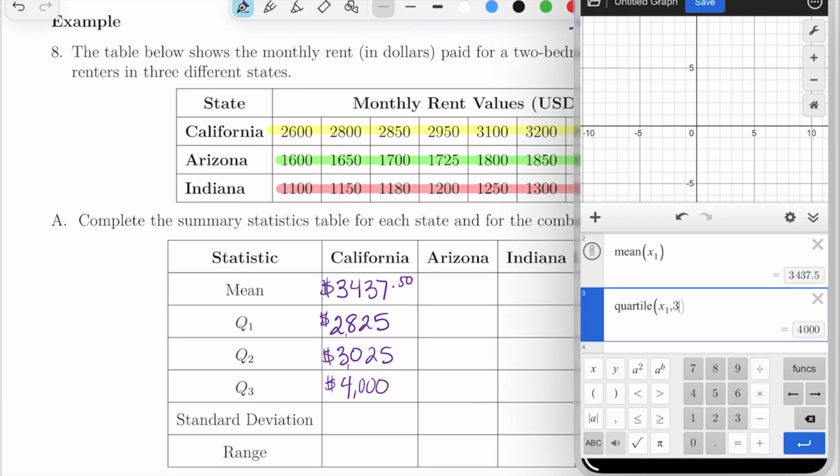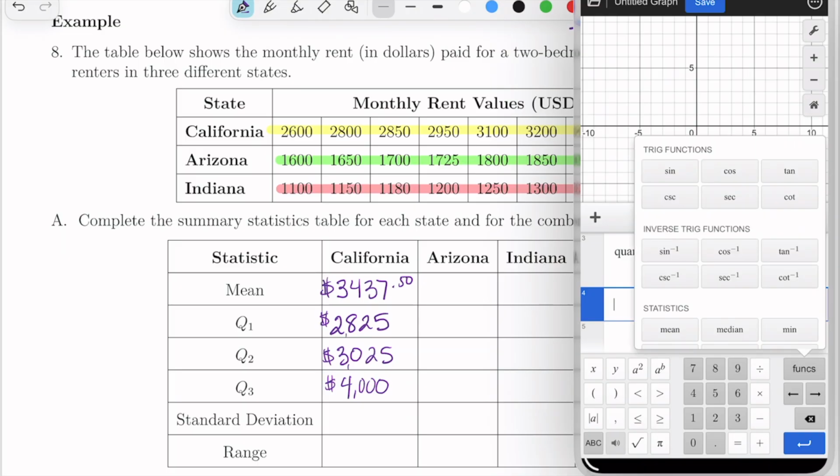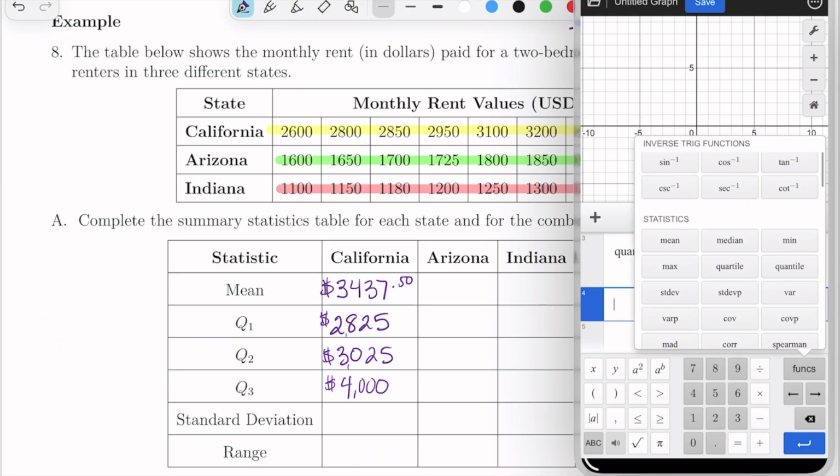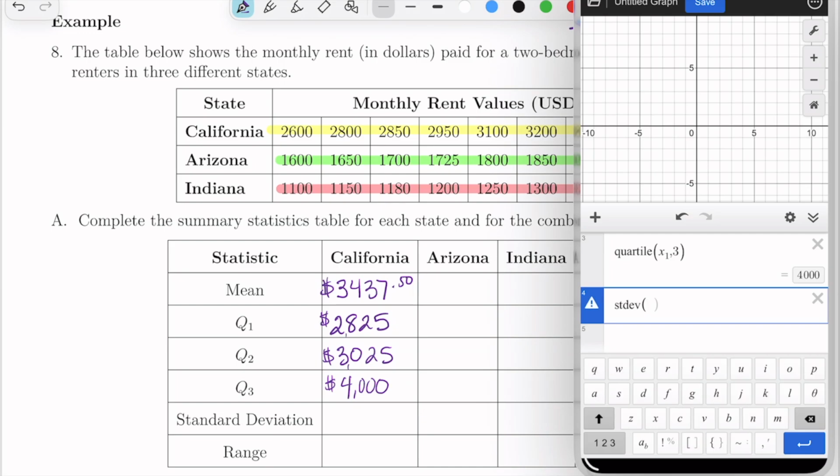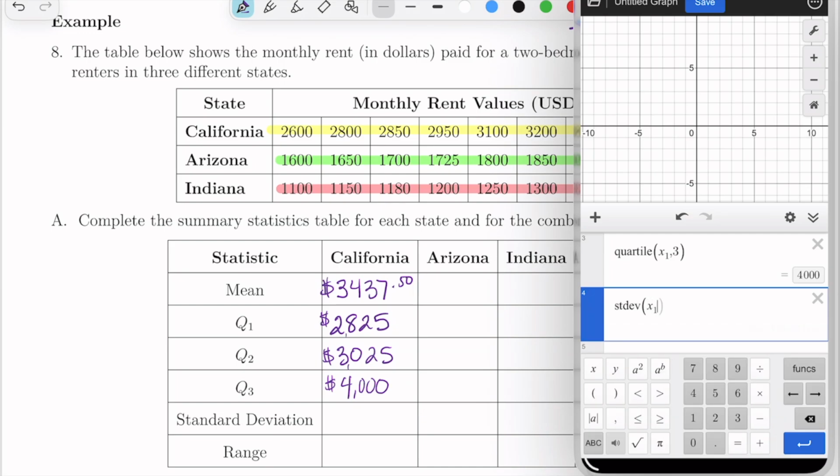And then our standard deviation, so hit enter. We'll go to functions, and down here on statistics, you can see it says standard deviation. Mine is on the left-hand side right below max. So standard deviation, and we've got to do X1. I rounded to the nearest penny.